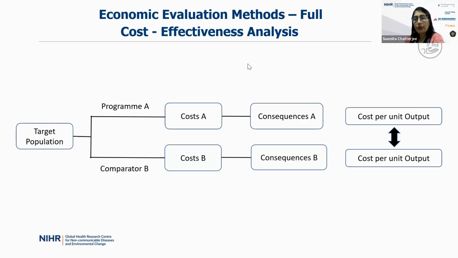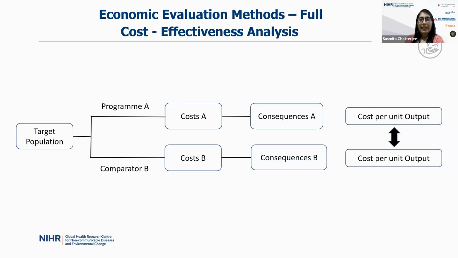Because as I told you earlier, all of you said that the objective of the COVID-19 vaccination program was to reduce hospitalization rate. So your consequence is that if I give this vaccination, it will cost this much, and this will reduce this many number of hospitalized cases.